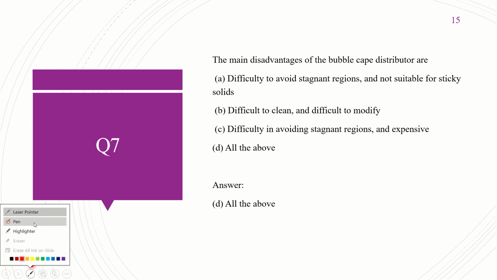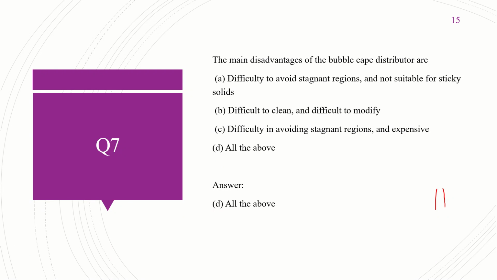We saw the bubble cap distributor, right? It would be something looking like this with a bubble cap on top. This is the gas opening. So there would be some stagnant regions where it would not be reached, and so it is difficult to avoid stagnant regions.